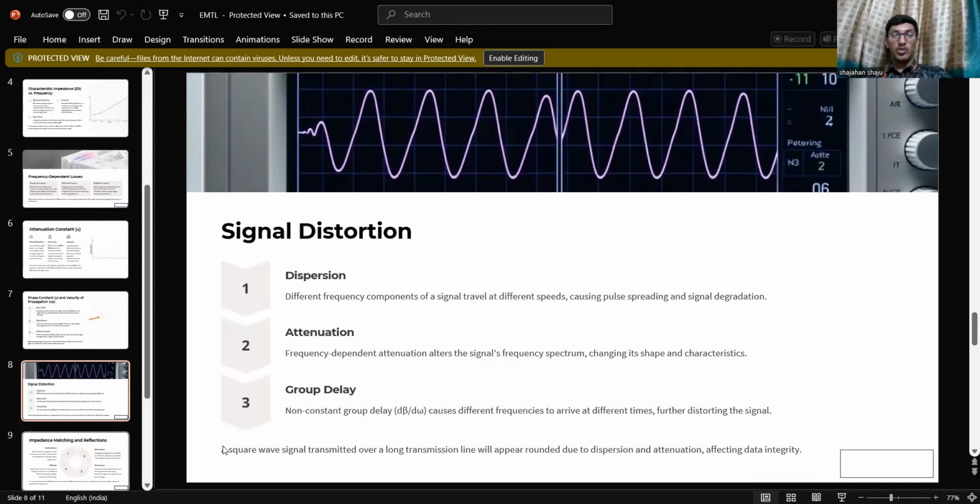Group delay: non-constant group delay causes different frequencies to arrive at different times, further distorting the signal. A square wave signal transmitted over a long transmission line will appear rounded due to dispersion and attenuation affecting data integrity.